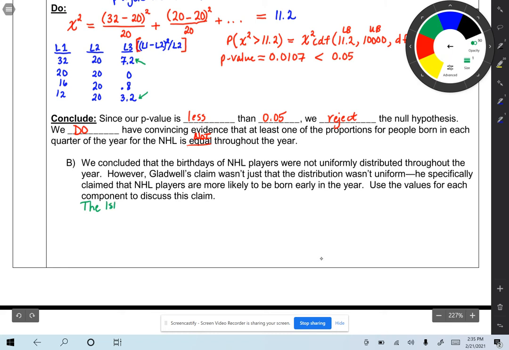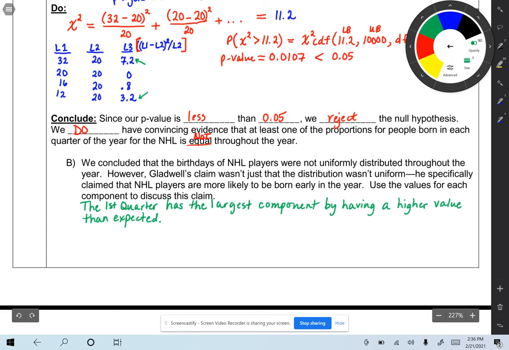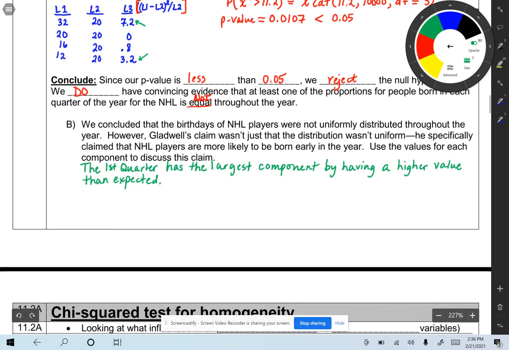The first quarter has the largest component by having a higher value than expected. And if you look at that first quarter, the observed value was 32, and that's higher than the expected value of 20. And so make sure you compare that in what direction.